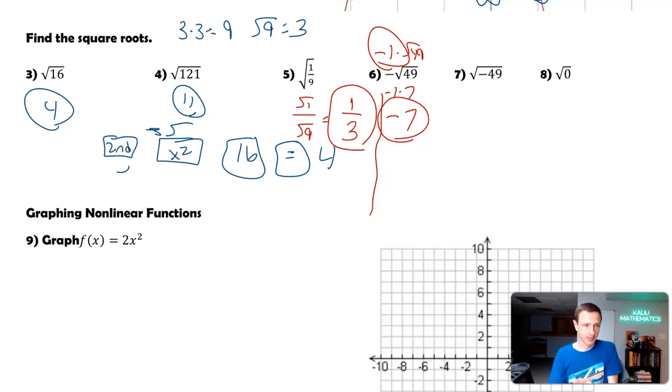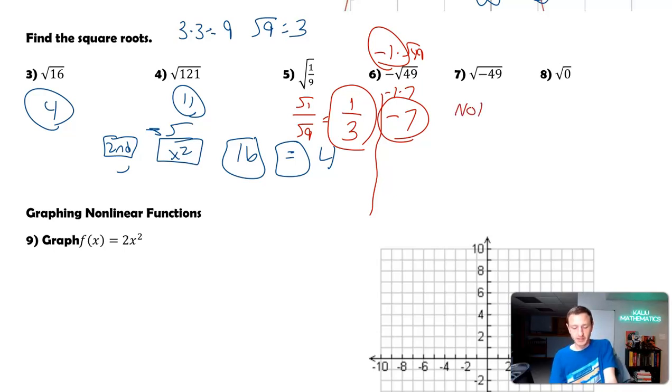On number 7, I have the square root of -49. Square root of -49, I can't do, because there is no number squared, or a number times itself, that gets you back to -49, because it's all going to be positive or 0. 0 times 0 is 0. It's not necessarily positive, but it's not going to be negative.